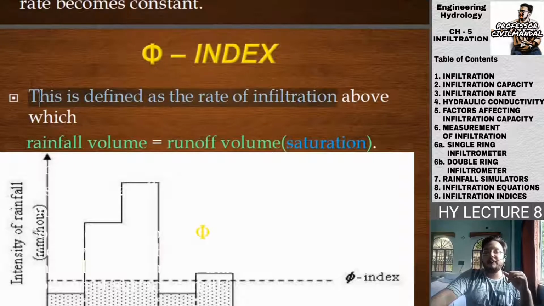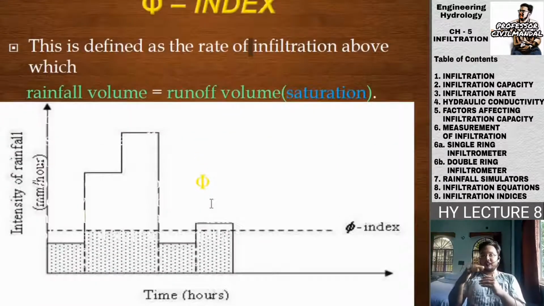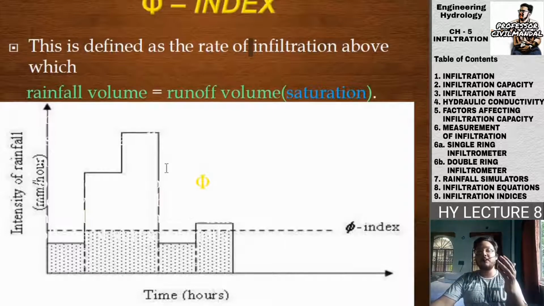This phase is known as the saturation phase, and that balance is known as our phi index. This line is the phi index. Above this will be our runoff, below this will be our infiltration.